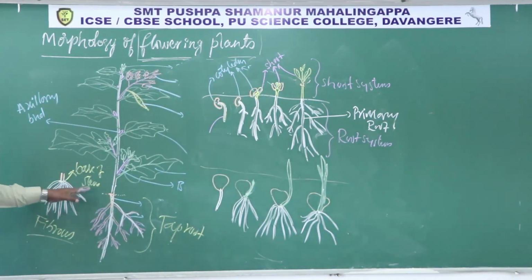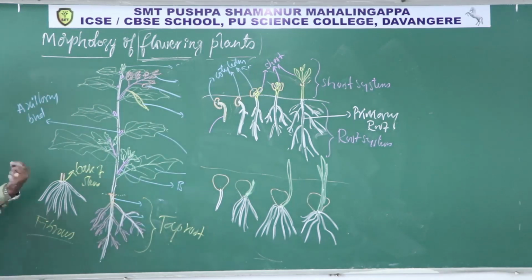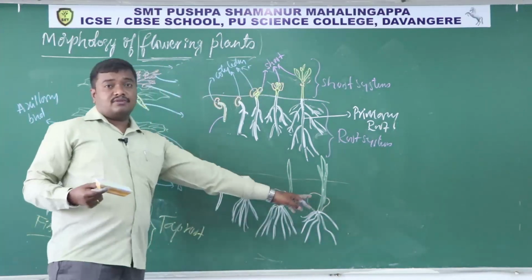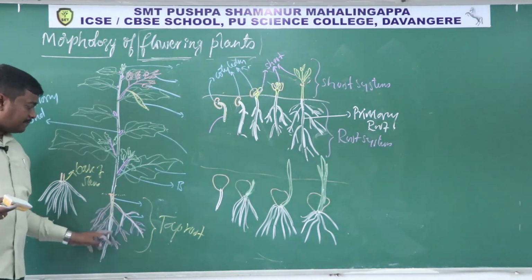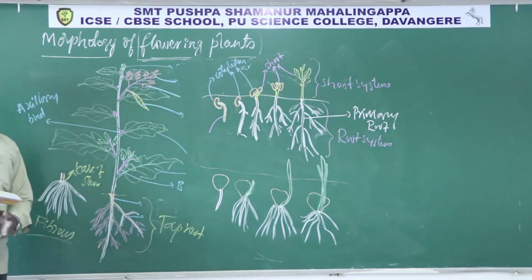Usually the primary root gradually disappears, and in its place many small roots are produced again at the base of the stem, producing a huge number of roots without any branches. That system is called the fibrous root system, and where the primary root produces branches like primary, secondary and tertiary roots, that forms the taproot system.